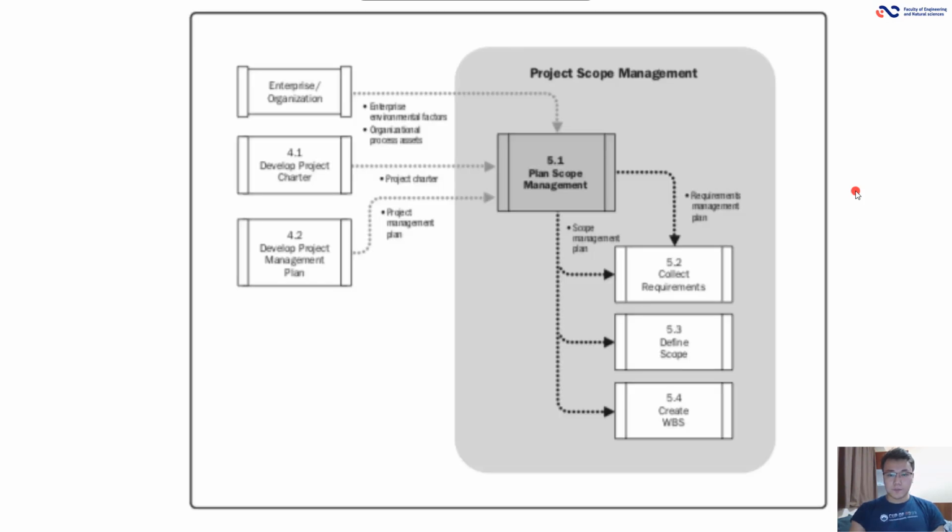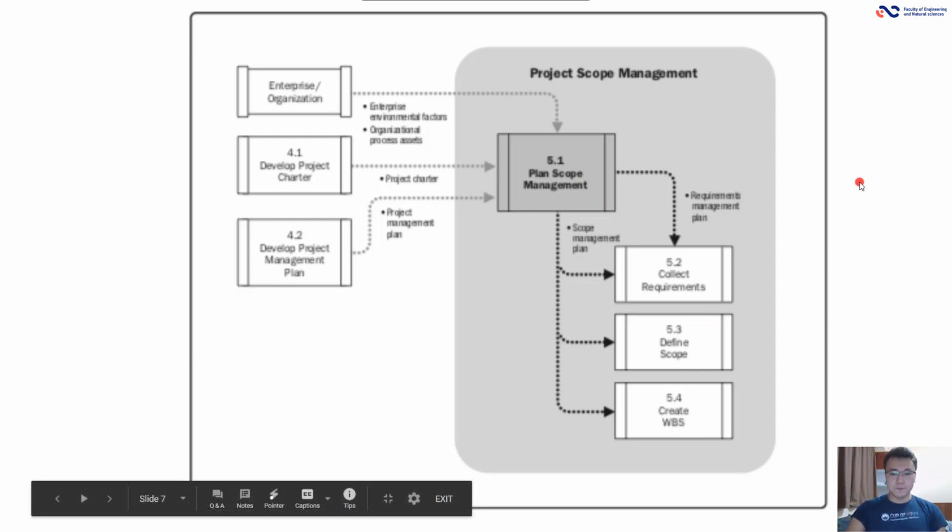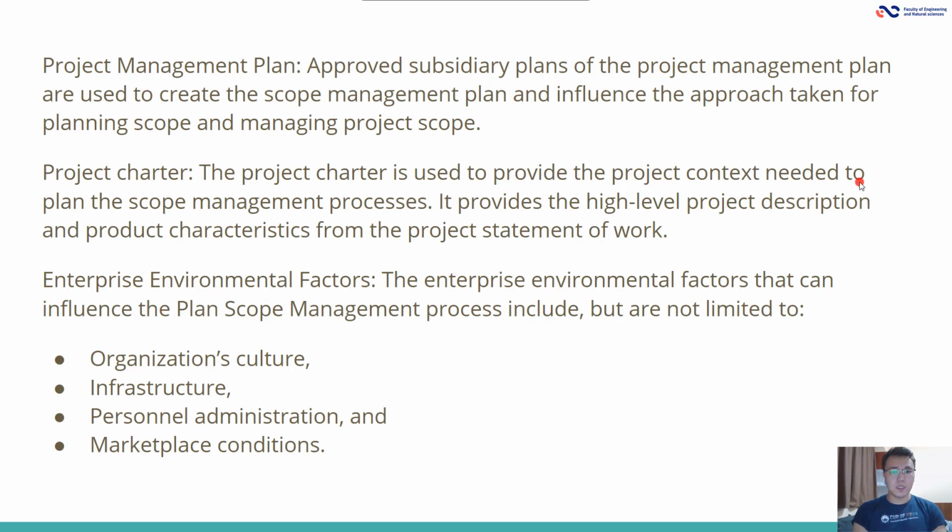Project scope management. After plan scope management, it goes to collect requirements, define scope, and create WBS. Project management plan: approved subsidiary plans of the project management plan are used to create the scope management plan and influence the approach taken for planning scope and managing the project scope.